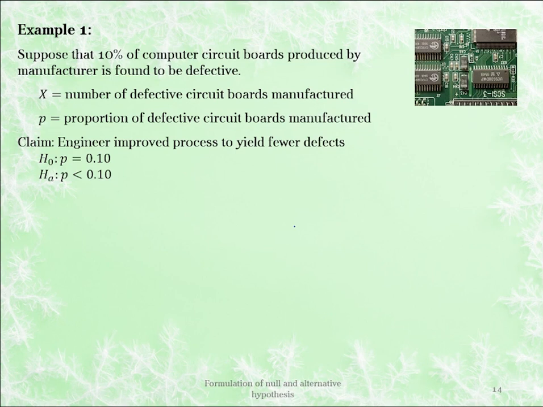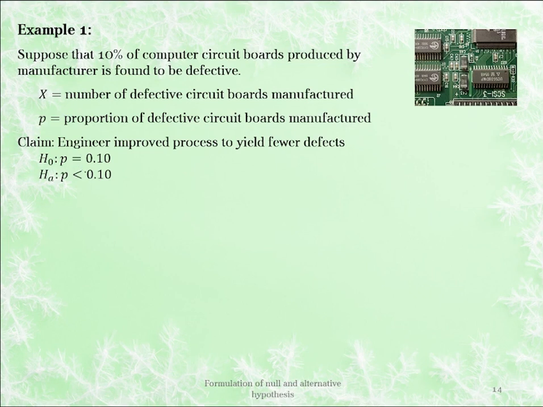Otherwise, if he can disprove us, then we are proving the alternative, that the proportion of defective circuit boards has decreased. So we'll always state our null and alternative with this type of question in terms of proportions. We never state it in terms of X.